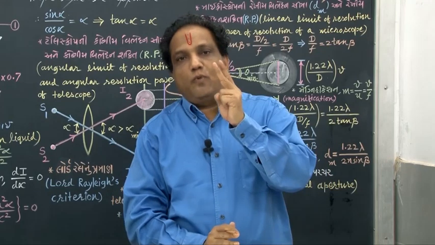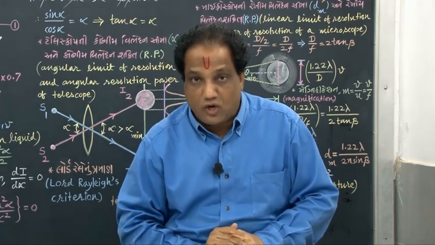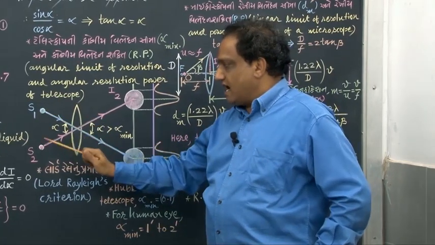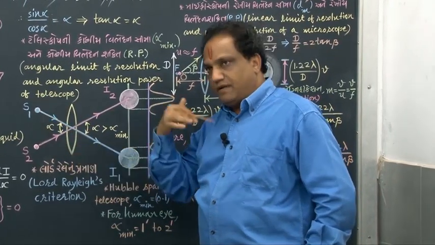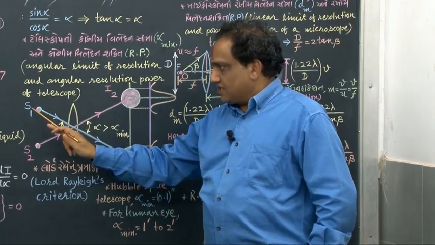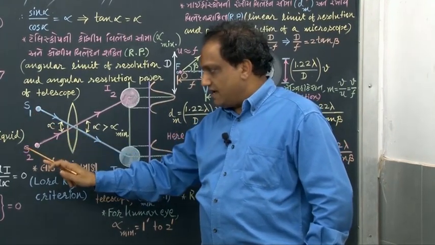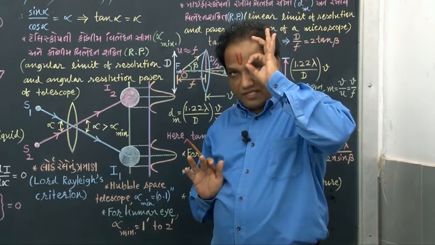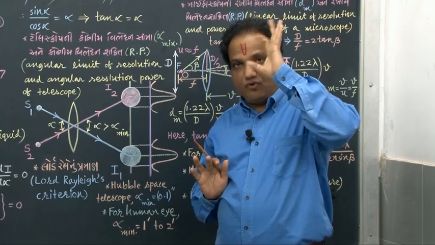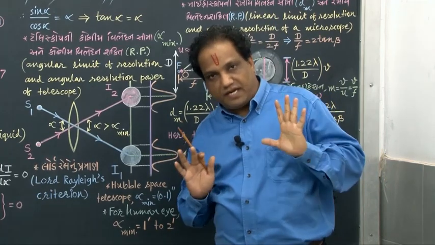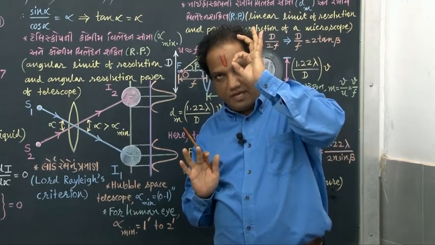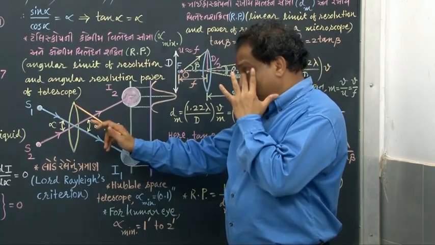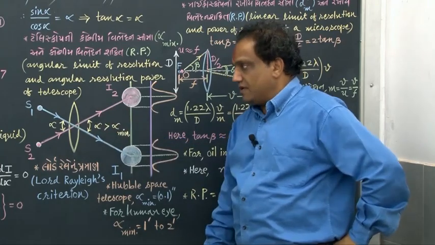So consider two point-like stars which are lying close to each other. We find them point-like. For the stars, I have used the symbols S1 and S2. What we do is try to catch their images in the same view of the telescope. At a time, we like to see the images of both the stars. Fine. So when we focus that telescope, what happens?